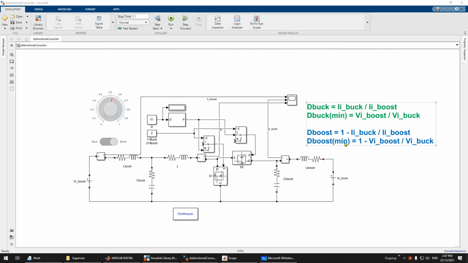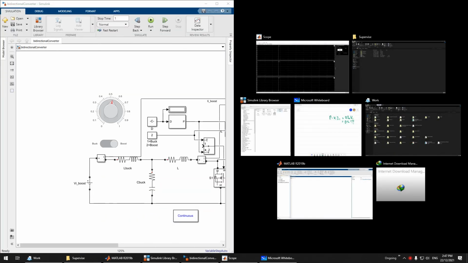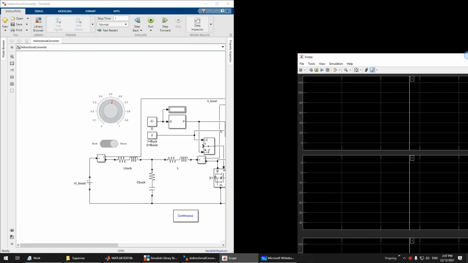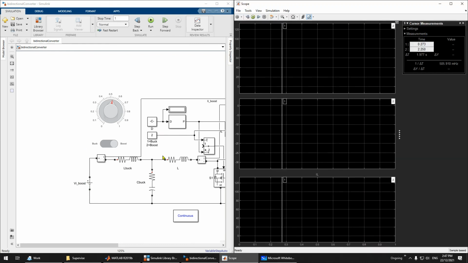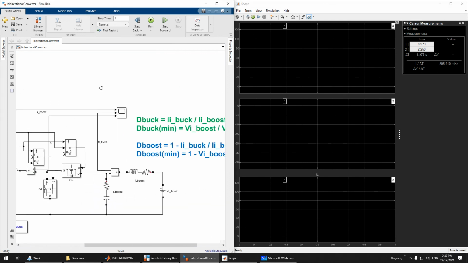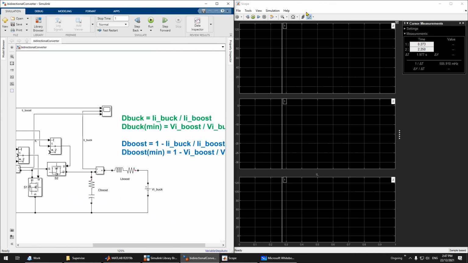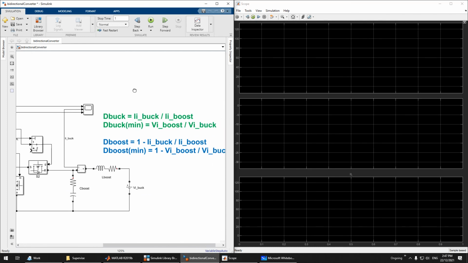Before we end the session, this is the relationship when you are in the buck mode and the boost mode. If you recall back here, actually there is a minimum.